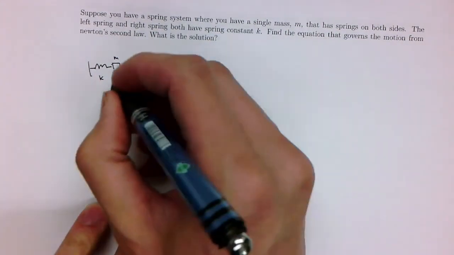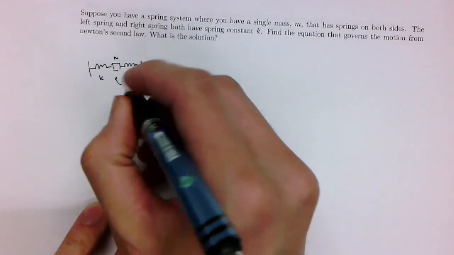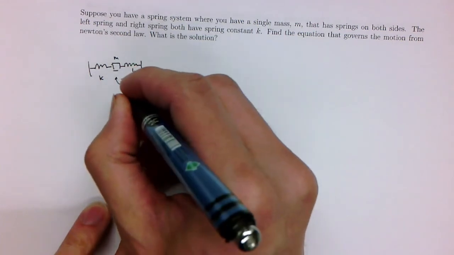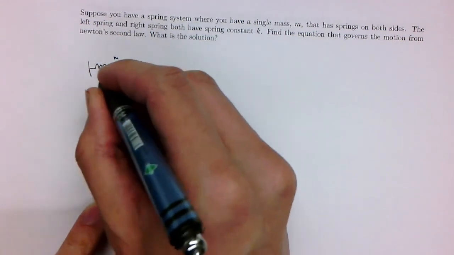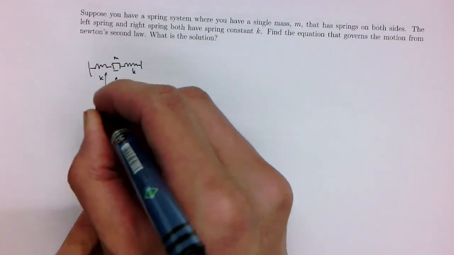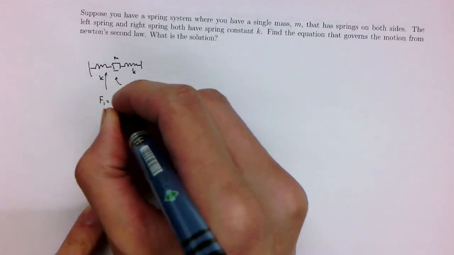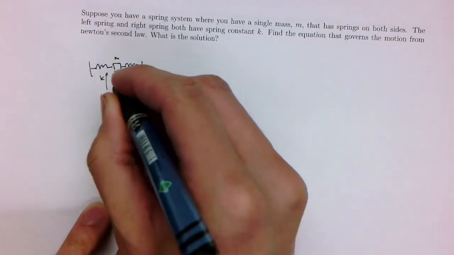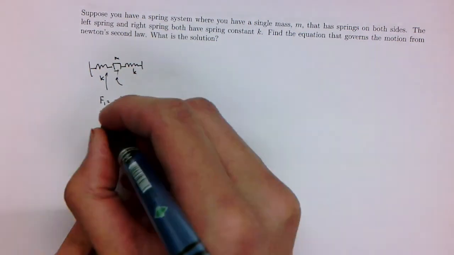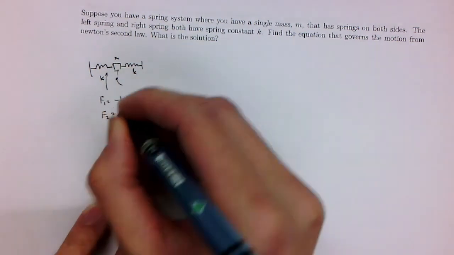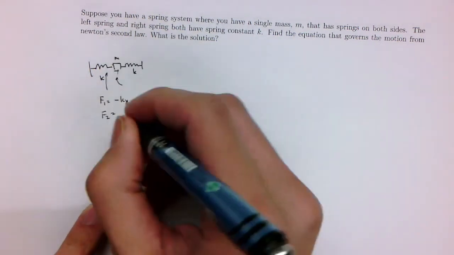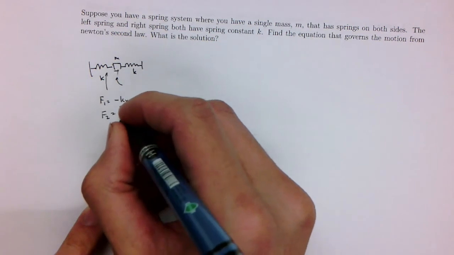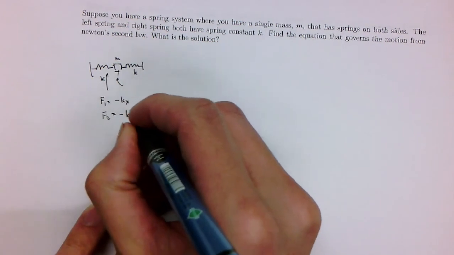All right. So the forces on this thing involve basically a force from this spring, which I'll call F1, which is going to be minus kx, where this is the x equilibrium point. And then the force F2, which is going to be on this side, which is also going to be minus kx.